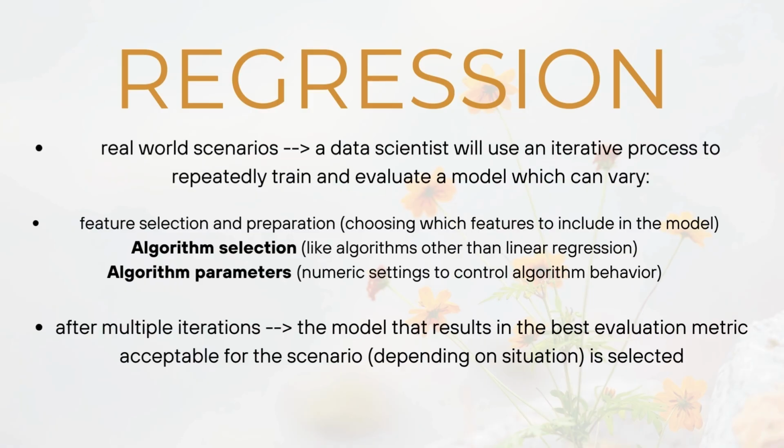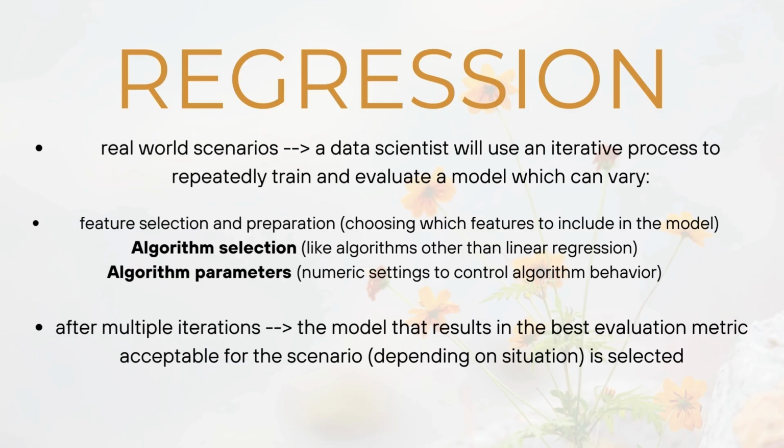In real-world scenarios, a data scientist will use an iterative process to repeatedly train and evaluate a model, which can vary. Feature selection and preparation: choosing which features to include in the model, including calculations applied to them to help ensure a better fit. Algorithm selection, like algorithms other than linear regression.